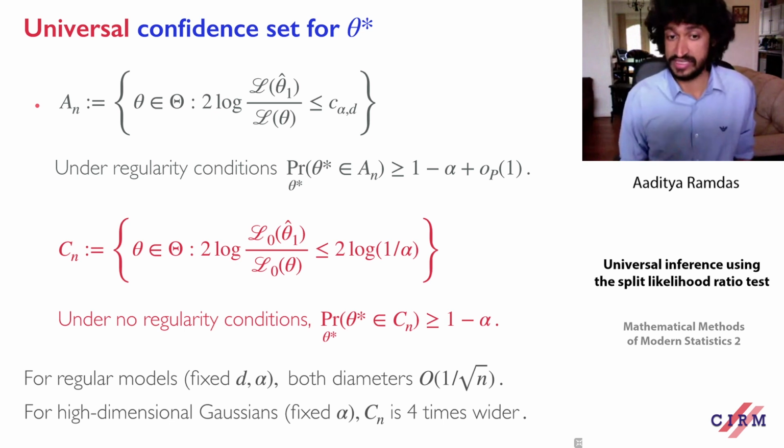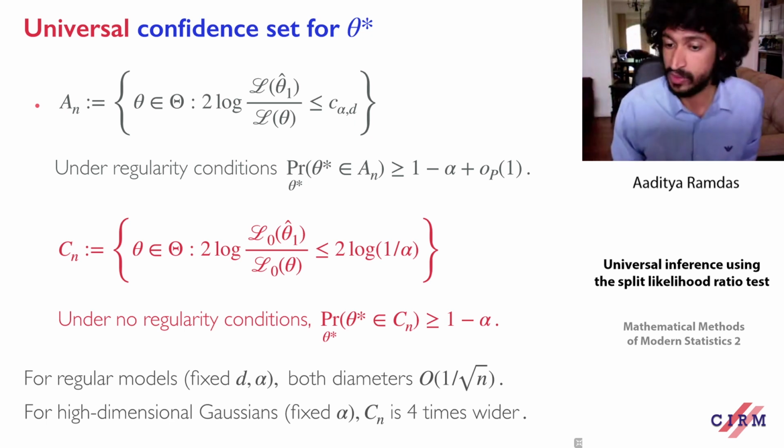Okay, so again, here's a different sense in which this C_n is actually a non-trivial universal confidence set. For regular models, let's say fixed D, fixed alpha, both A_n and C_n are 1 over root n in diameter. So C_n has the same rate at which it shrinks to 0. And for high-dimensional Gaussians, you fix alpha, you send D to infinity.